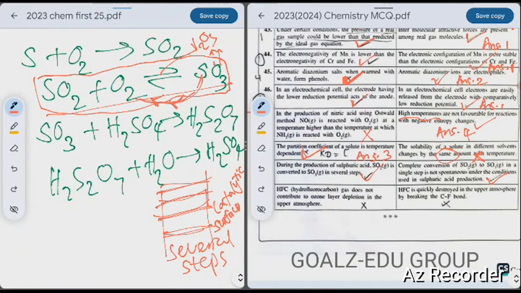In order to favor this reaction, we have to do it in several steps by sending it through several catalytic surfaces. So this is correct and we have to go with answer 2, because the second does not explain the first.